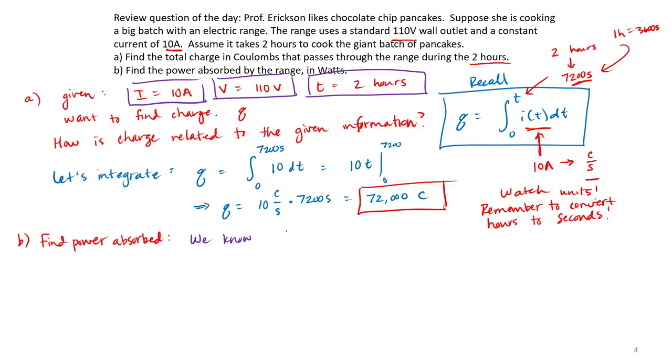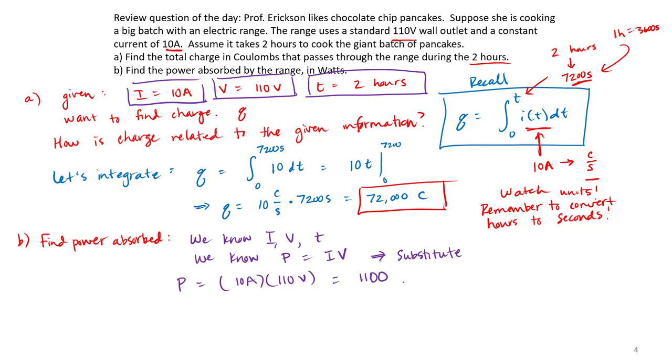We know I, V, and T, and we also know that power is current times voltage. So all we need to do is substitute. In this case, our power P becomes 10 amps times 110 volts. We multiply that through, and we get 1100 watts.